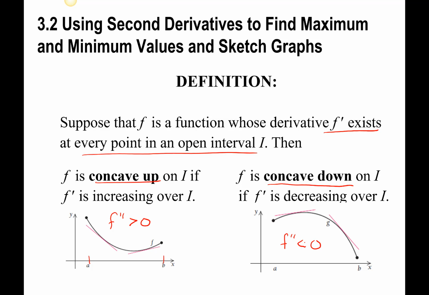Now, the nice thing about the second derivative for determining concavity is we can do it with the first derivative. We could look at what's the slope here, what's the slope here, what's the slope here, what's the slope here, and then after evaluating the first derivative at 4 points, look at the direction the slope is moving, look at the pattern, and decide, aha, this means that it's going in a negative direction, it must be concave down.